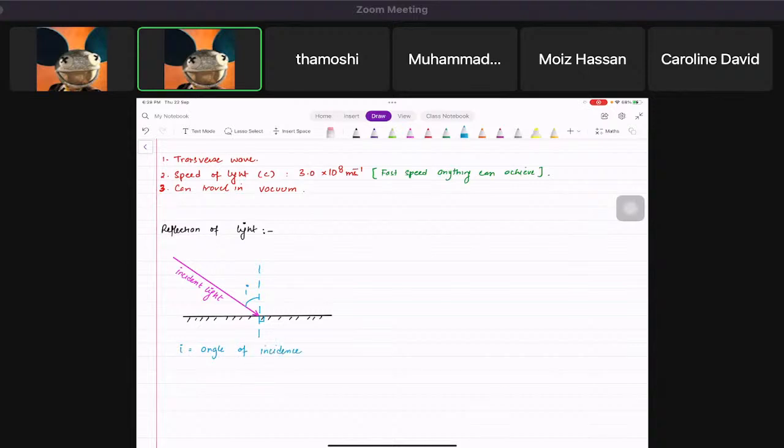Okay, and this is our normal line. Then the light reflects back at the same angle r, like this. So this is the reflected light, and this r is the angle of reflection. It is the same thing as we've done in the general wave properties, because it always follows the same way.